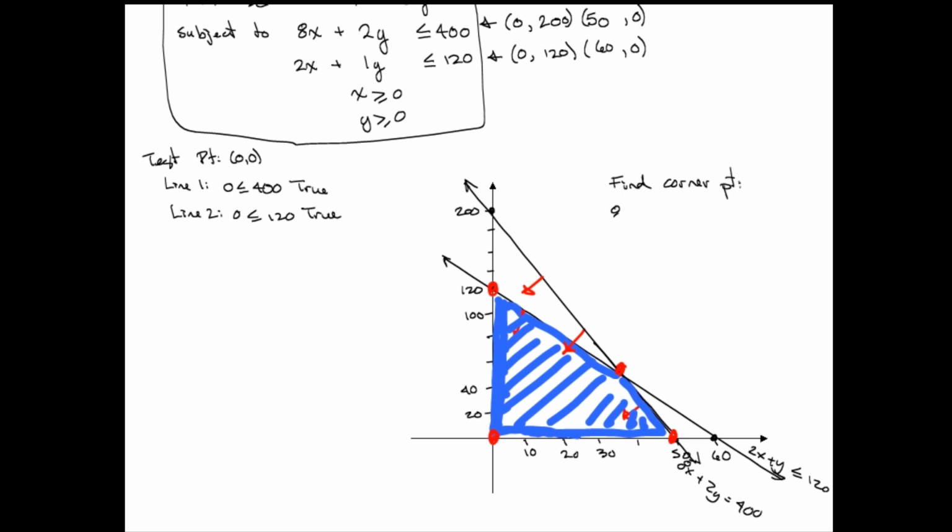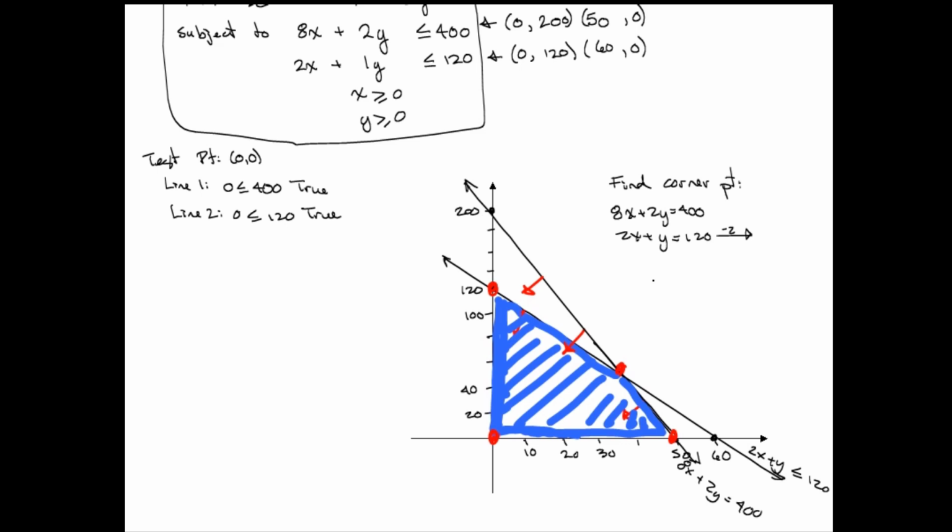So I have 8x plus 2y equals 400, and I have 2x plus y equals 120. Let's multiply that second one by -2. Sorry, ran out of room.